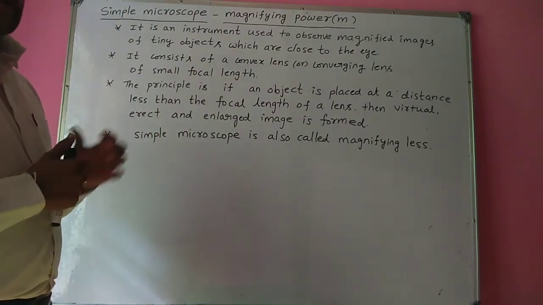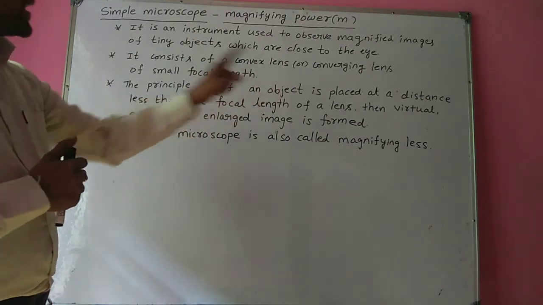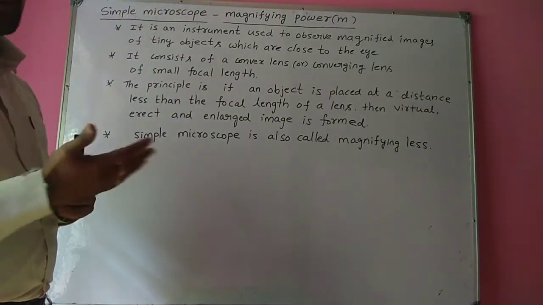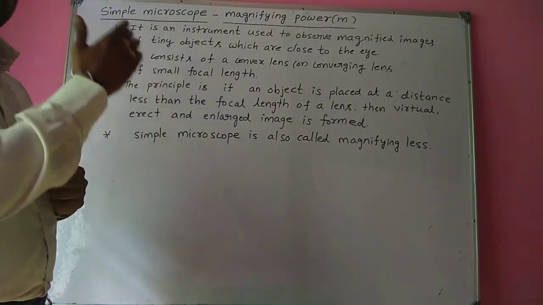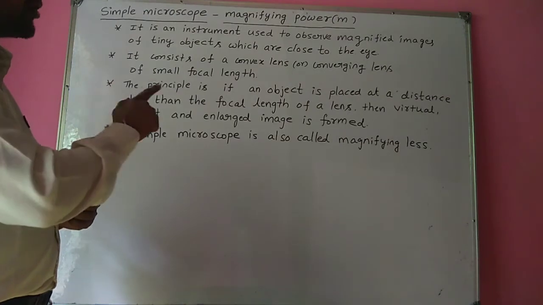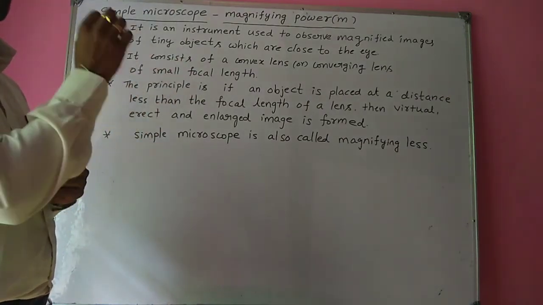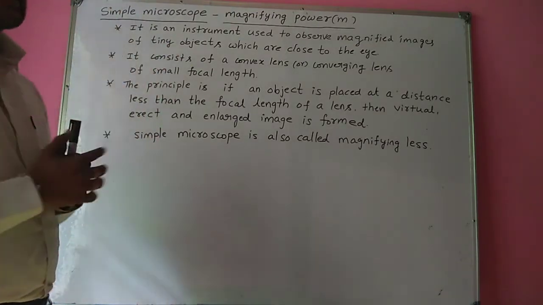If an object is placed at a distance less than the focal length of the lens, (every lens has its own focal length), then a virtual, erect and enlarged image is formed.